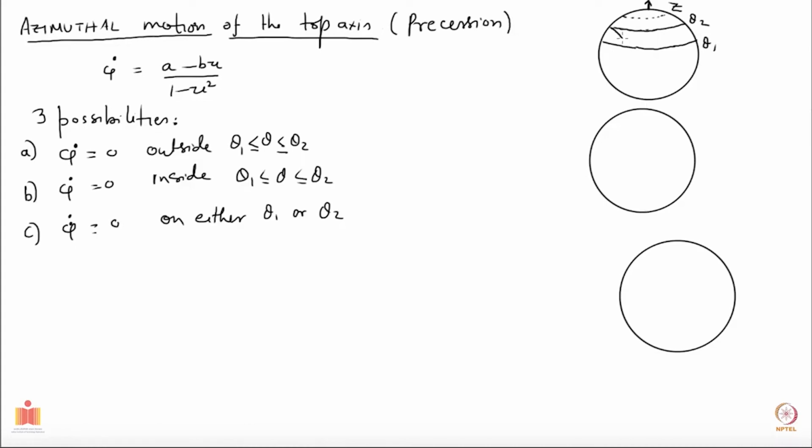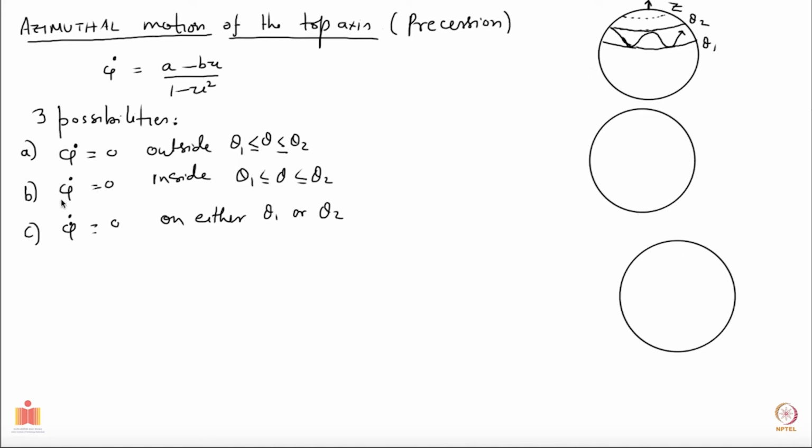Here the axis is crossing, and then the value keeps increasing. So this has this kind of behavior. It doesn't come out very nicely. This is how the axis of the top will carve out a shape on this unit sphere.